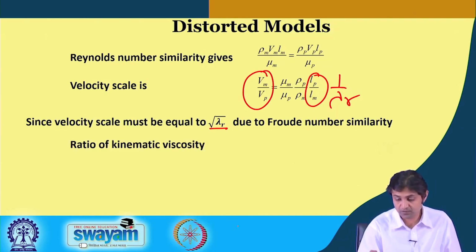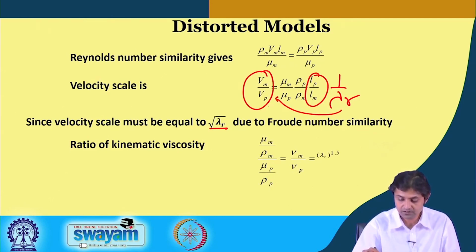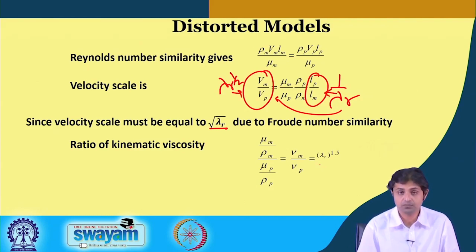So, ratio of kinematic viscosity, mu m by rho m over mu p by rho p, is equal to lambda r to the power 3 by 2.